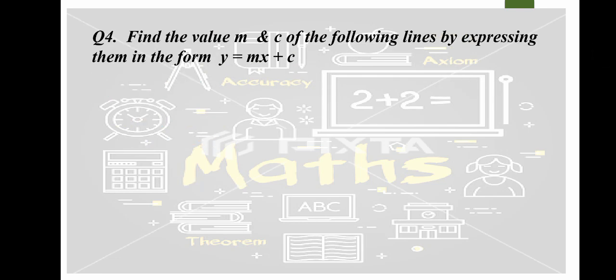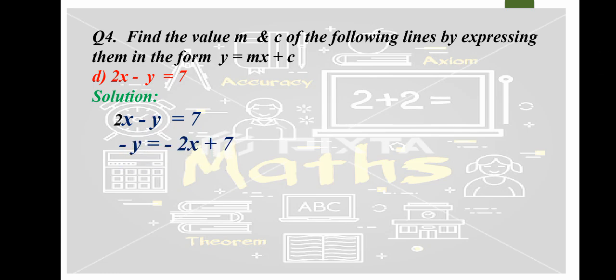Question number 4, D part: 2x minus y equals to 7. For writing the solution, first of all move 2x towards the other side. So the equation will become minus y equals to minus 2x plus 7. Now minus is multiplied by y. When it moves towards the other side, it will change the signs.